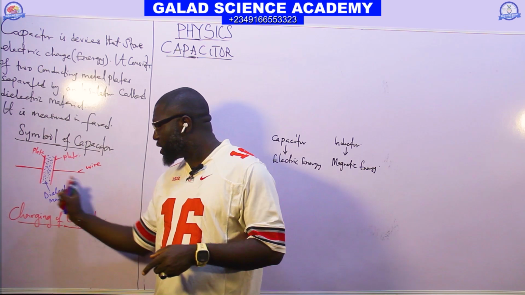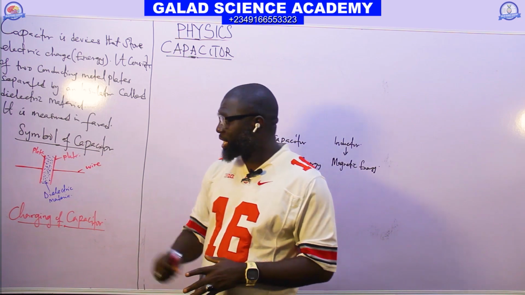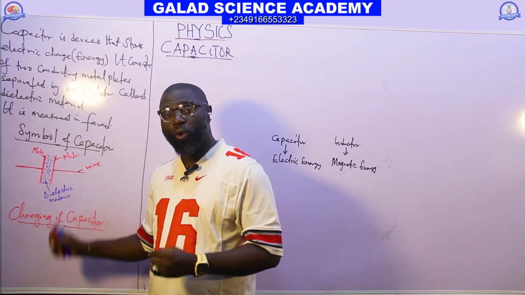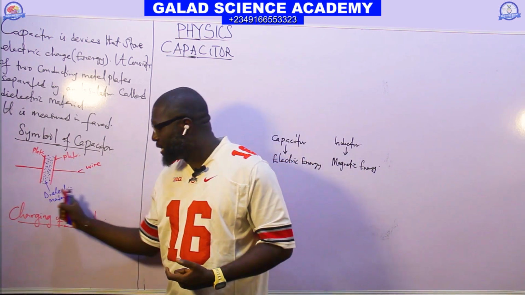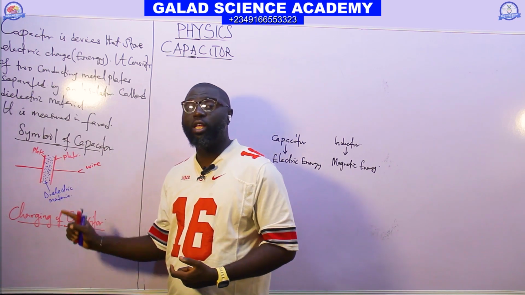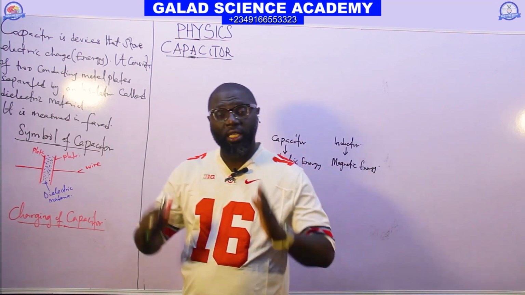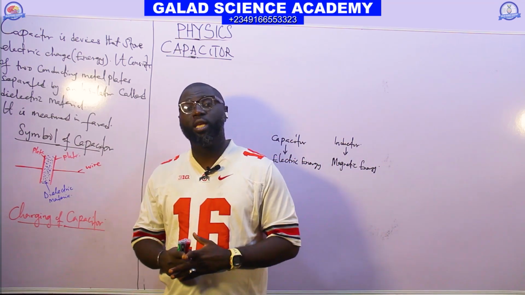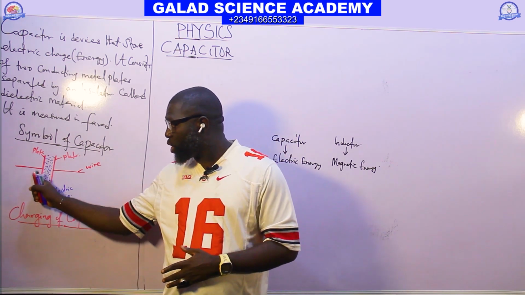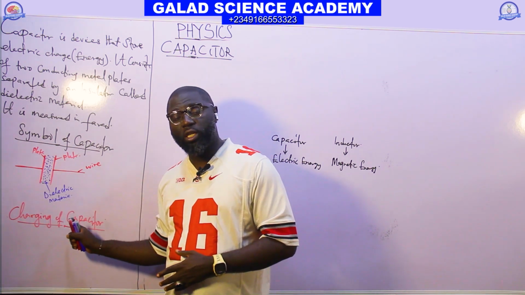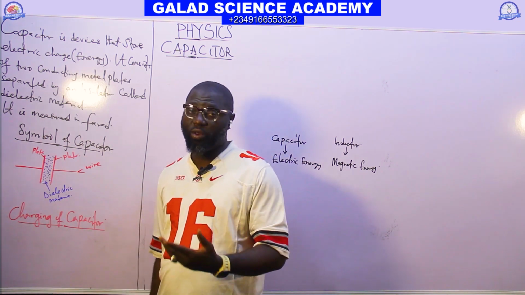This capacitor here is a neutral body, which is not charged, and I want to charge it. I need to connect the capacitor to a battery, one end of the capacitor to one terminal of the battery, and the other end to the other terminal of the battery.